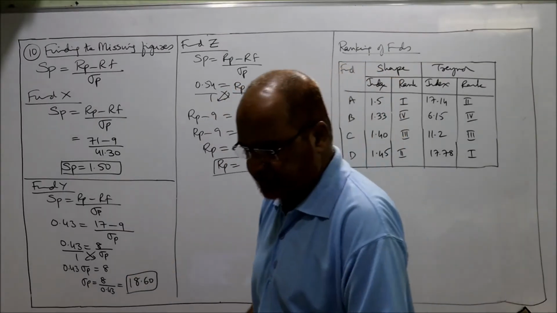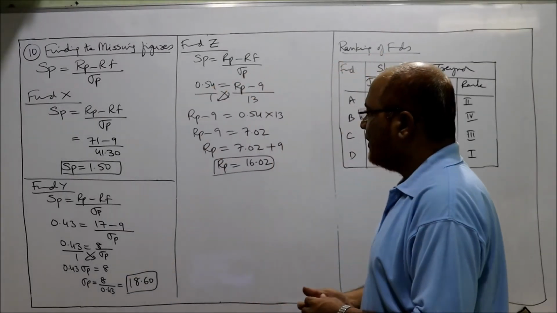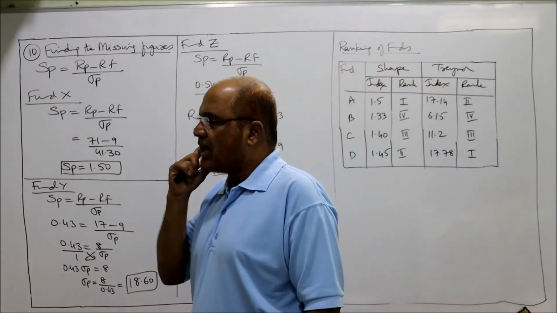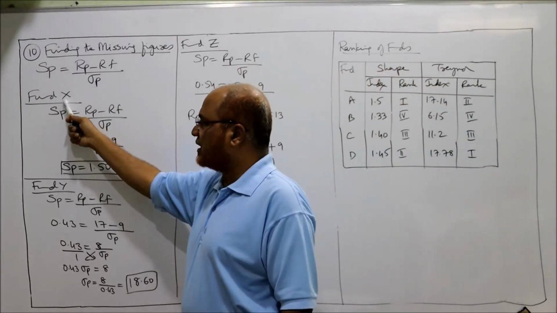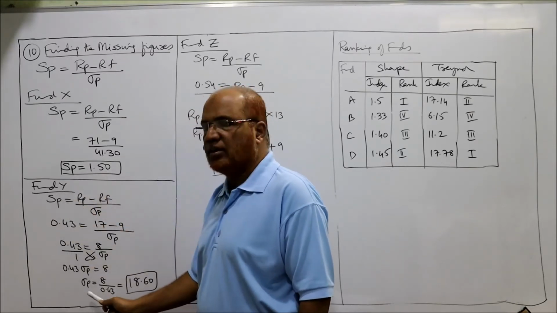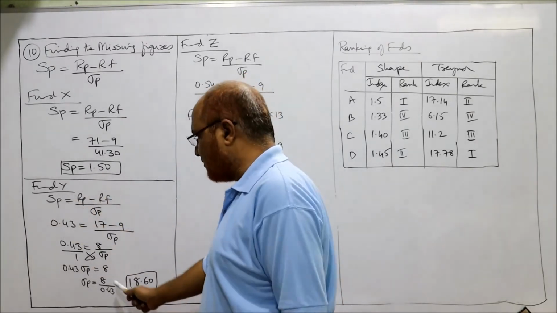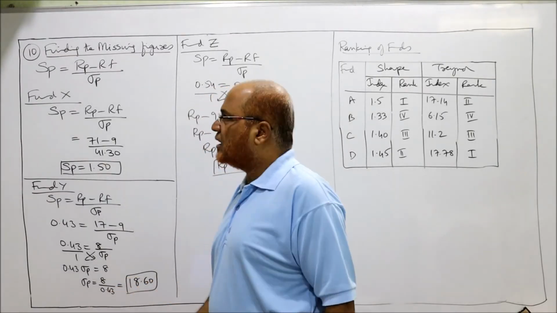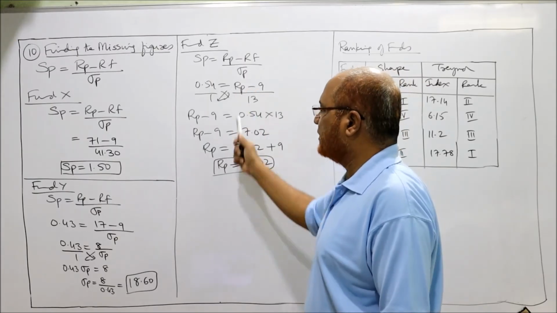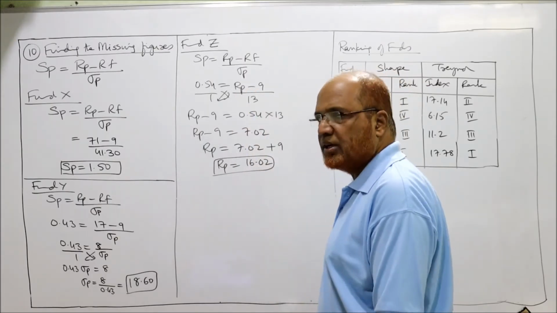Sigma p we got. Now we have found the missing figures. Sharpe's measure is not given for fund X; we have calculated it. For fund Y, standard deviation risk is not given; we have calculated the standard deviation. For the third fund, return on the portfolio is not given; we have calculated it as 16.02.